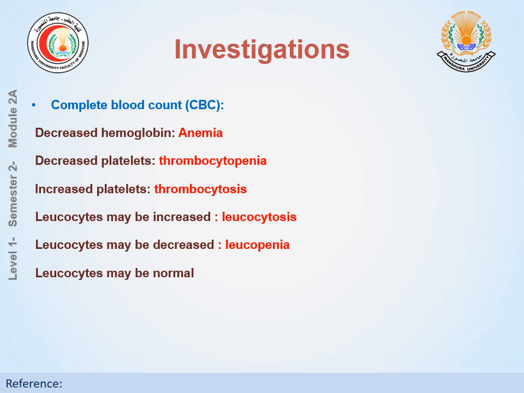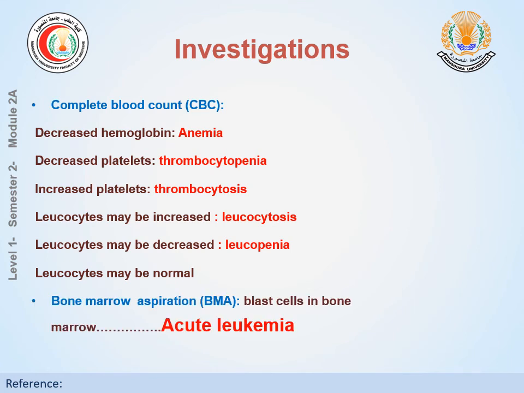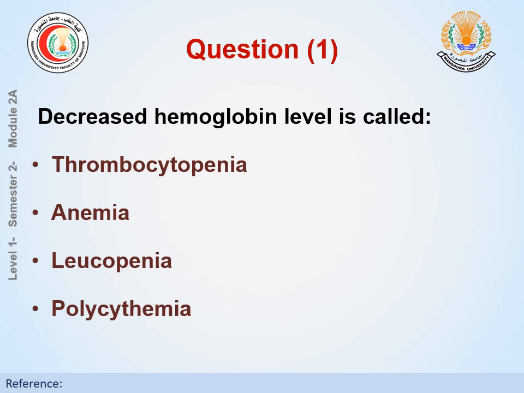Okay, so bone marrow aspirate is done for this patient and revealed abnormal malignant cells, which are called blast cells, in the bone marrow, and the final diagnosis was acute leukemia, which is the most common childhood malignancy.